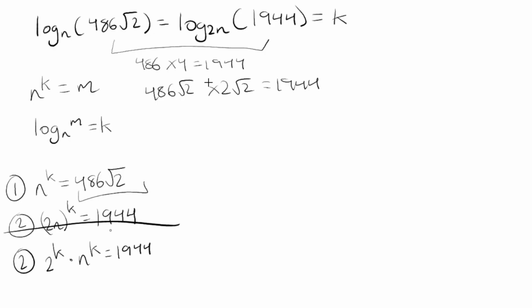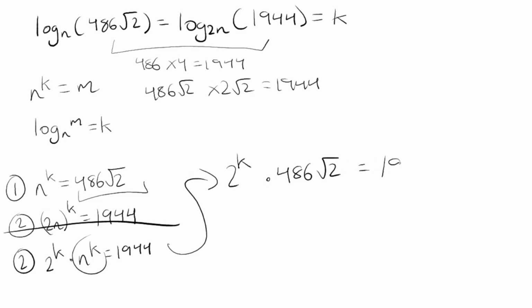So we can sub in this value for n to the k. So 2 to the k times 486 root 2 equals 1944. And we said that 2 root 2 is our quotient when we divide 1944 by 486 root 2. So 2 to the k equals 2 root 2, right?